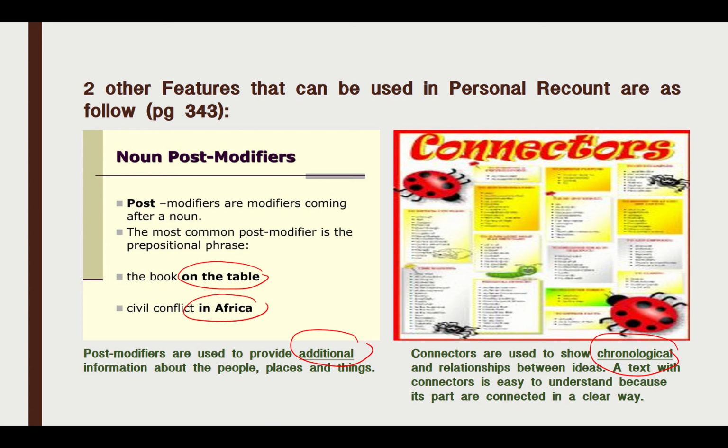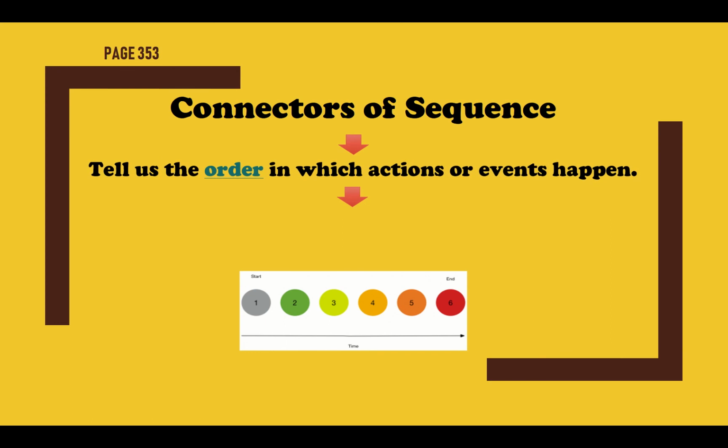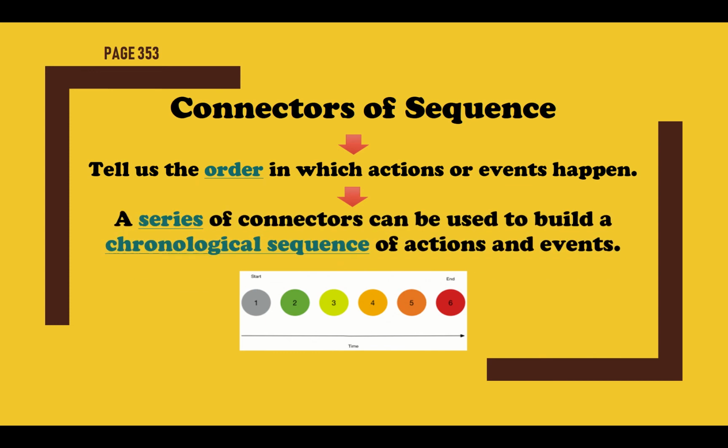You may ask, what exactly are connectors of sequence? They tell us the order in which the actions or events happen, and in fact, there is a series of connectors that we can use to build a chronological sequence of events and actions.